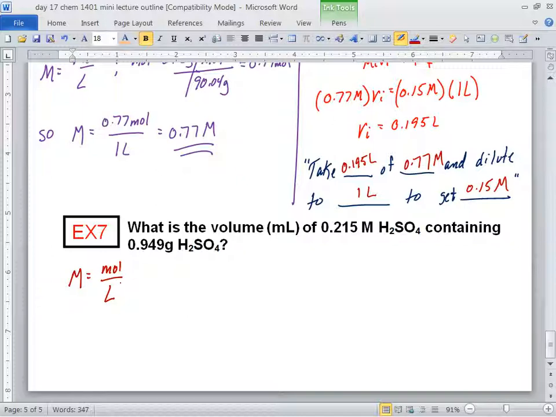I don't see two molarities. And they're asking for volume, so that kind of gives you a big hint what variable to solve for.